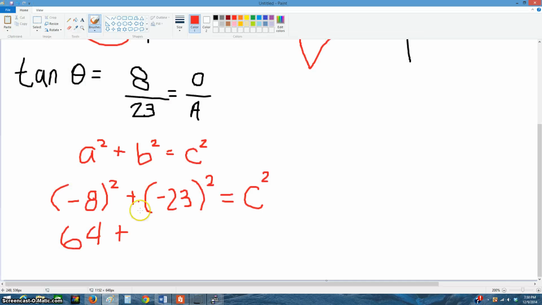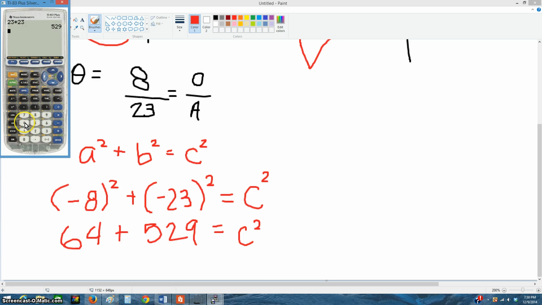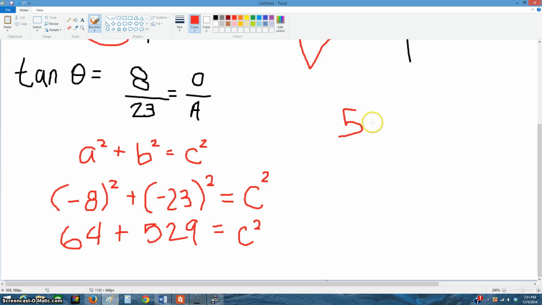So I have 529 is equal to c squared. Okay, and I'm going to continue here. 64 plus 529. Let's see what that is. That is 593.